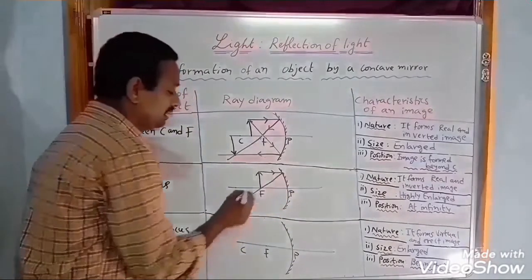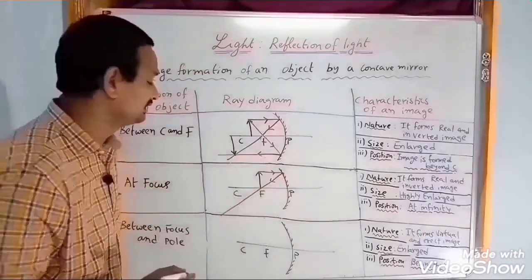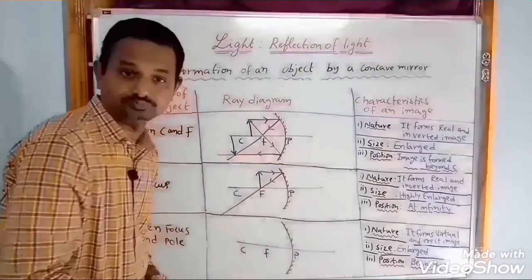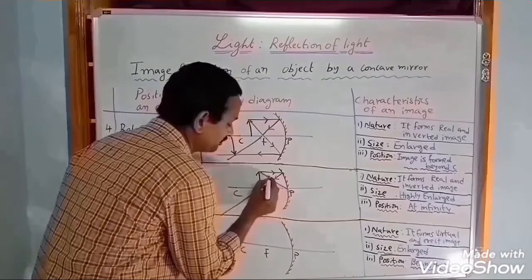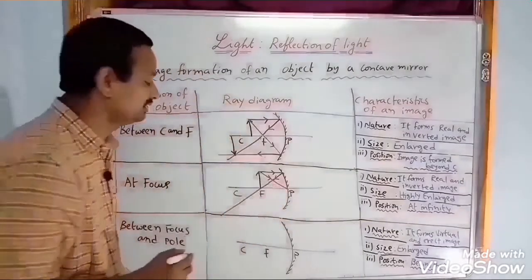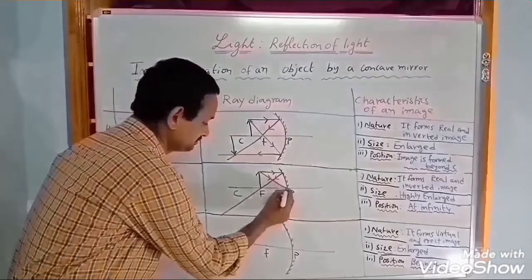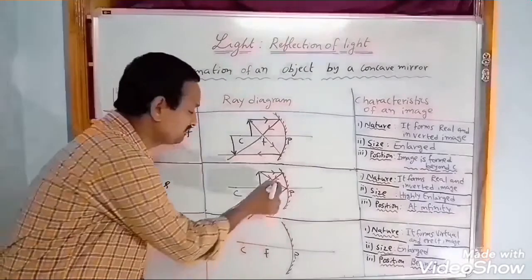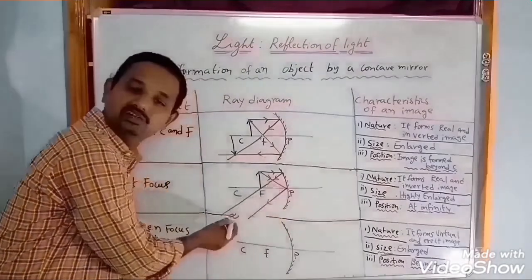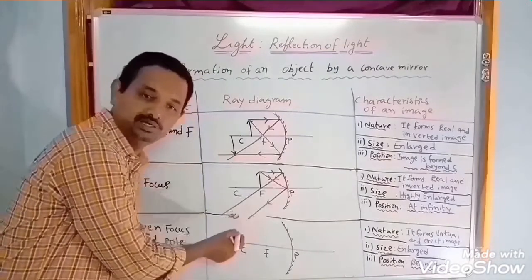And next one, I will take rule 4. A light ray incident at the pole, after reflection, follows the laws of reflection. These two reflected rays meet at infinity, at which we will get a highly enlarged image.